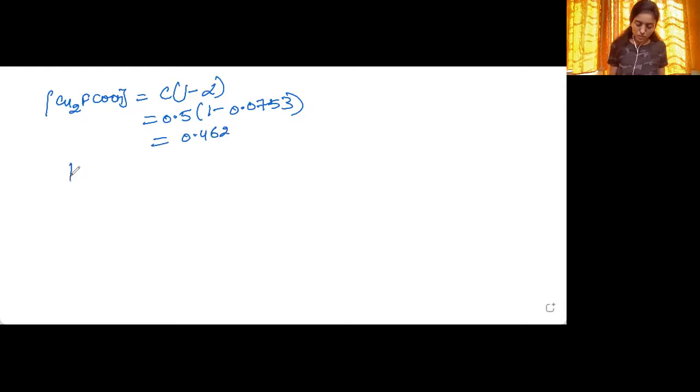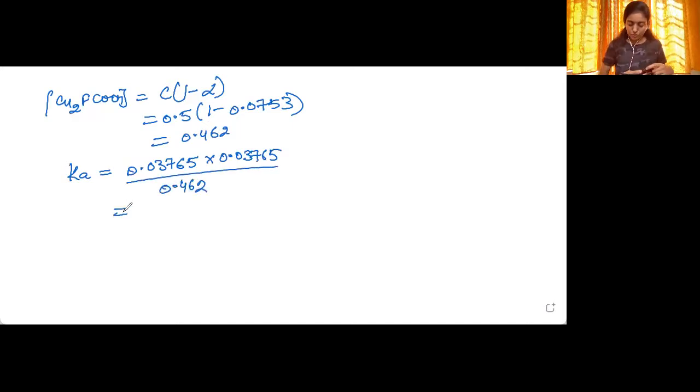0.462. Okay. So Ka is equal to, put all the values here now. 0.03765 multiplied by 0.03765 upon 0.462.